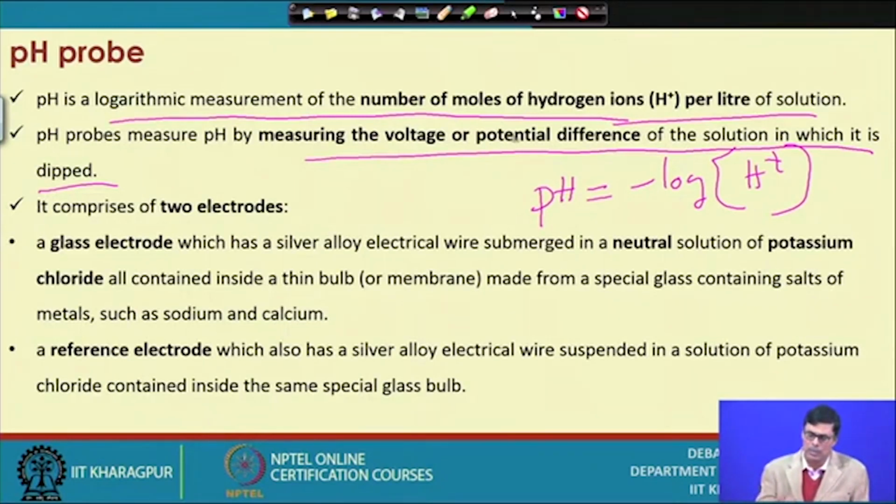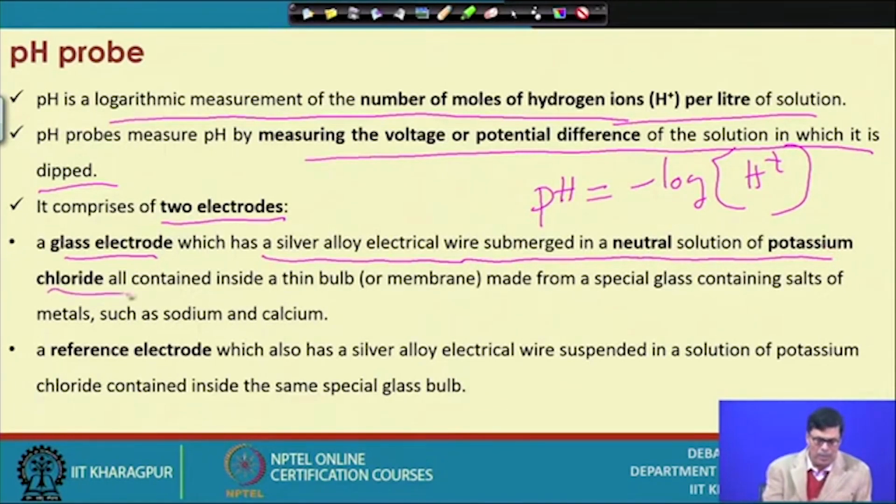Potentiometric means the voltage difference, and it comprises two electrodes. One is the glass electrode, which is a silver alloyed electrical wire submerged in a neutral solution of potassium chloride, all contained inside a thin bulb made from a special glass containing metal salts such as sodium or calcium.